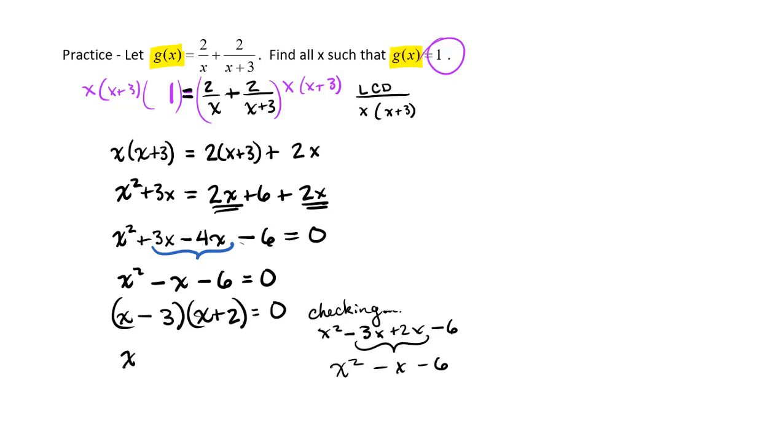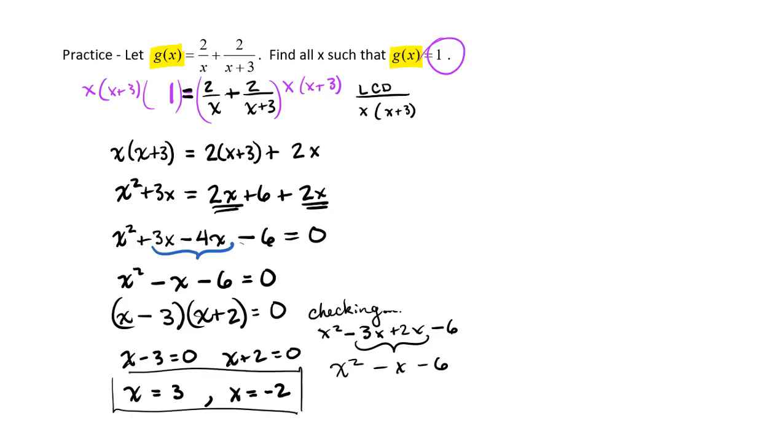Now, set each one of my factors equal to 0. I get x equals 3 and x equals negative 2. Now, the last step is to make sure that the values that you find for your solution here actually work in the equation that you started with.